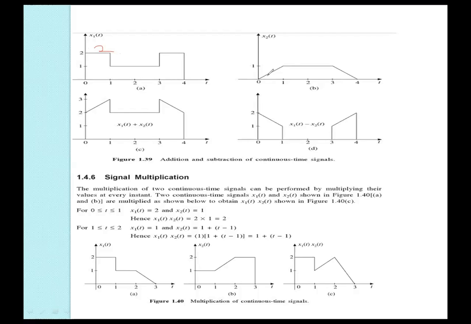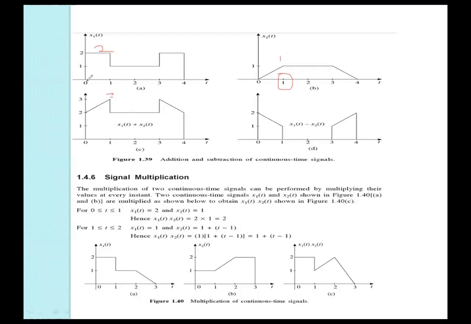Slowly it increases: at 0.5, 2 plus 0.5 is 2.5. Then at 1, the value is 1, so 2 plus 1 is 3. Got it, my students? This is addition of the signals.